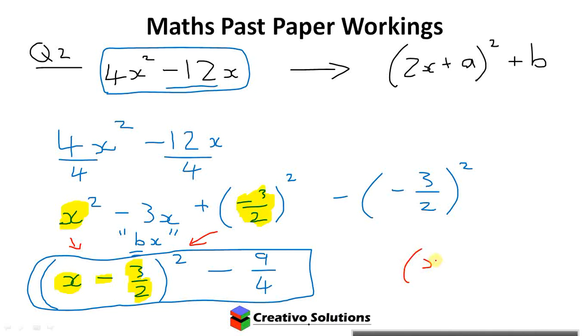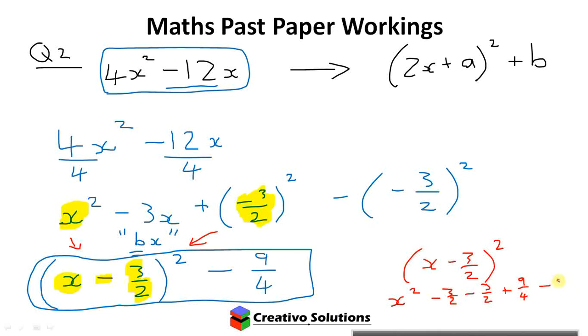Okay, because if I FOIL this out, have a look at this. 3/2 squared. Okay, let's FOIL this out. If I had to expand this, this is going to be x squared minus 3/2, minus 3/2 plus, if I square that, it'll be positive 9/4.